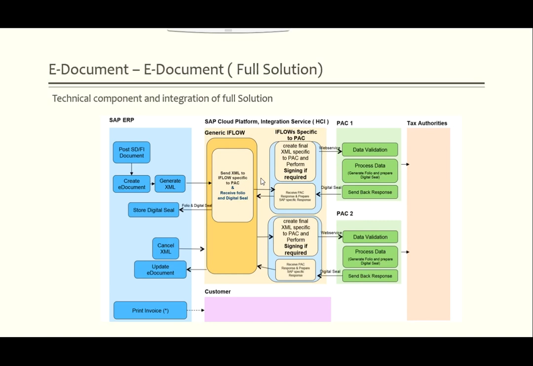Once it is approved by the tax authority, the data will flow from SAP Cloud Platform to ERP, and you can see that the XML files are approved, or the e-invoice or e-payment are approved.